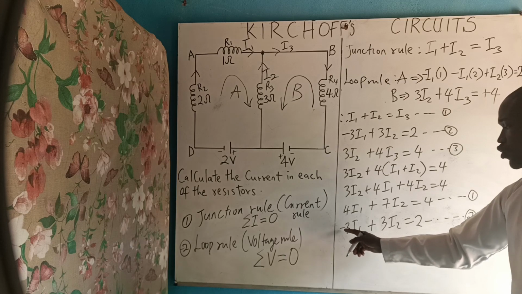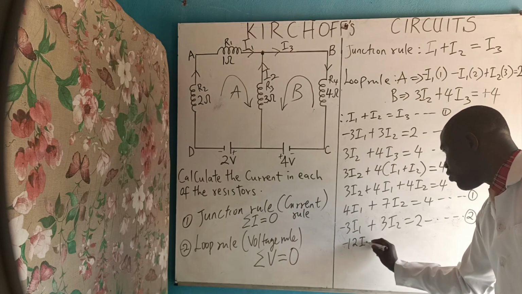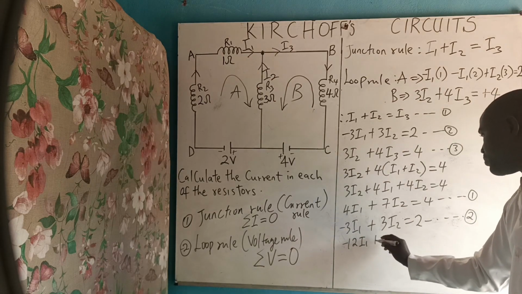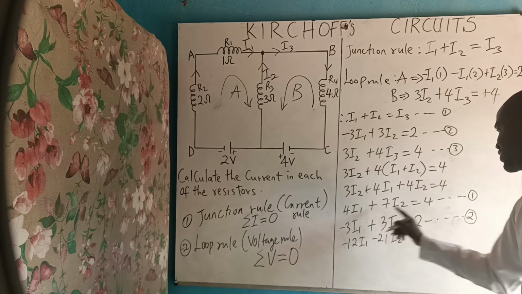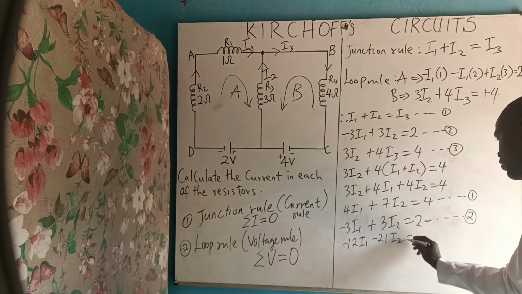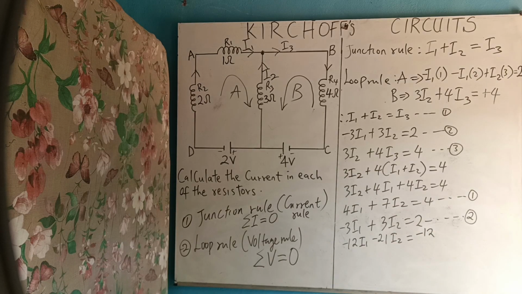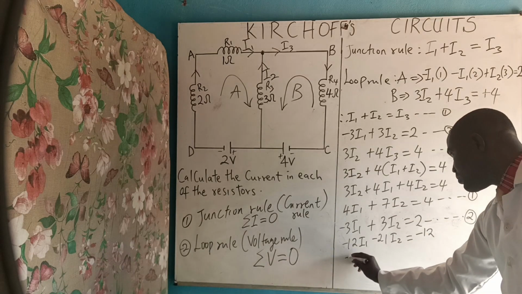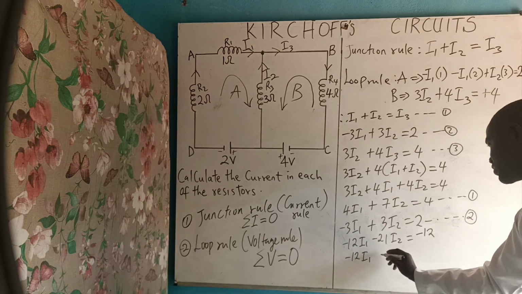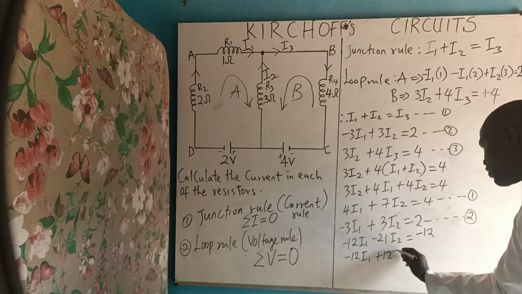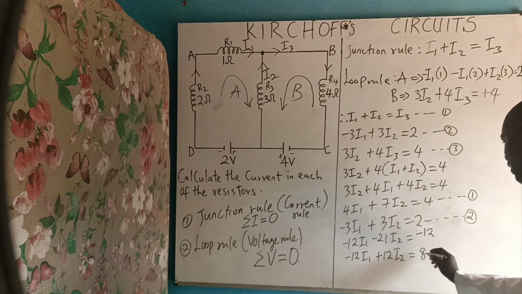So what we do, you do this times minus 3, which is minus 12I1, and this times minus 21I2. This times is minus 3 times 4, minus 12. 4 times this, minus 12I1. 4 times this, plus 12I2. 4 times 2 is equal to 8.